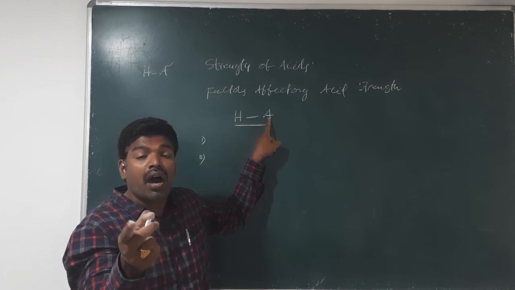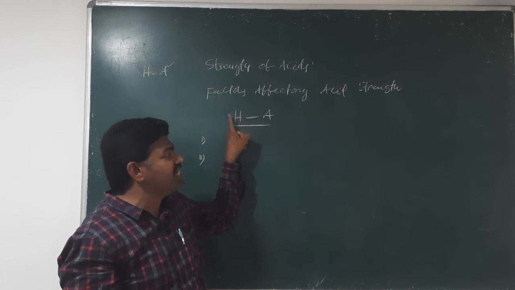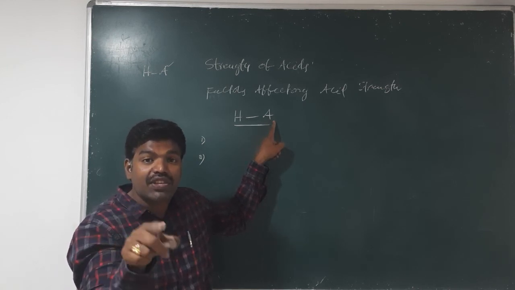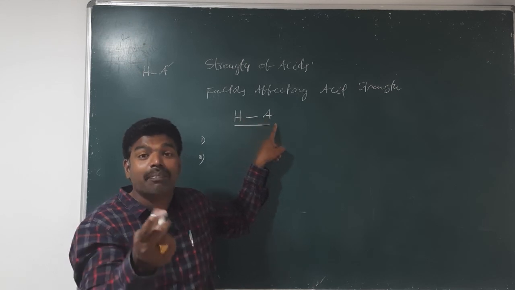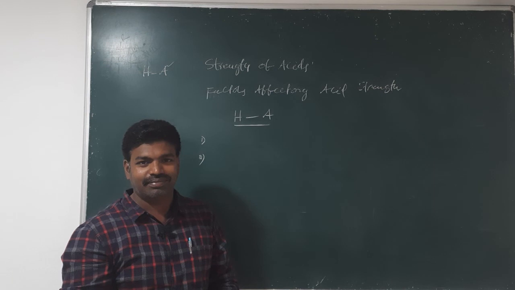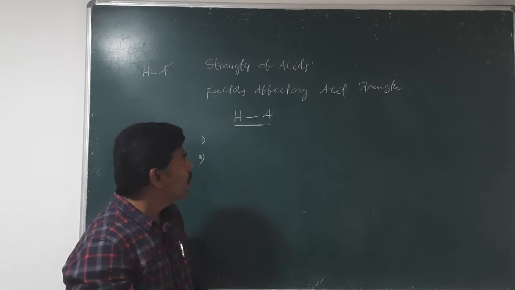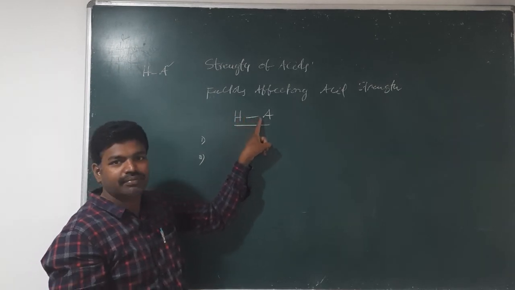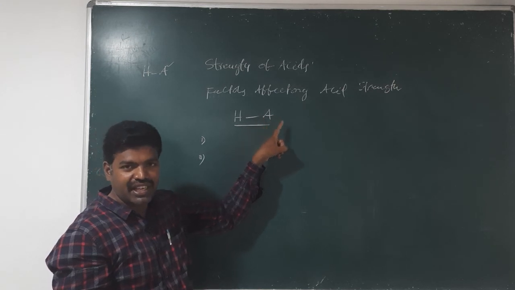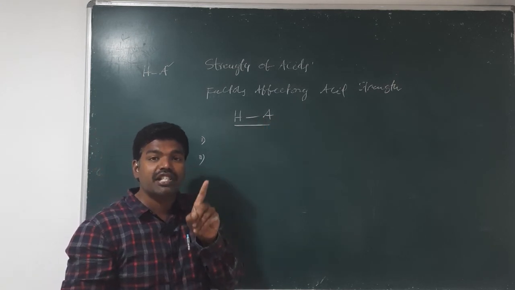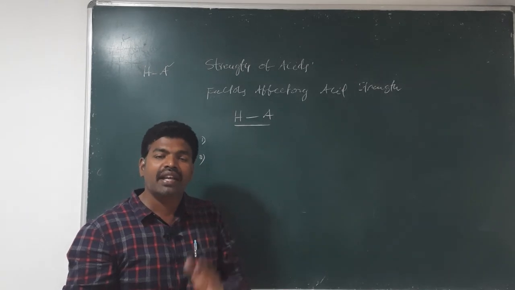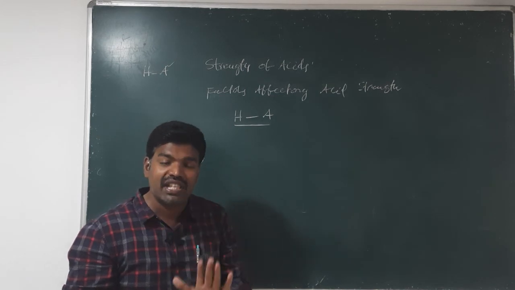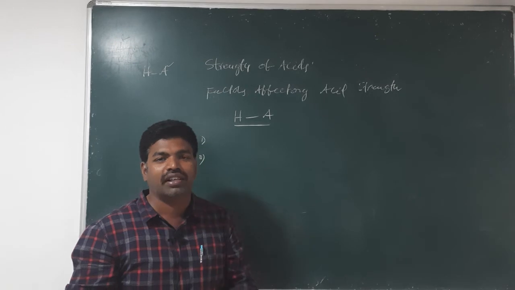That makes a marked charge separation between these atoms, and that marked charge separation favors the cleavage of the HA bond, and that makes the acid strong. So, when the electronegativity difference between H and A is considerable, cleavage of the bond becomes easier, and that makes the acid strong.